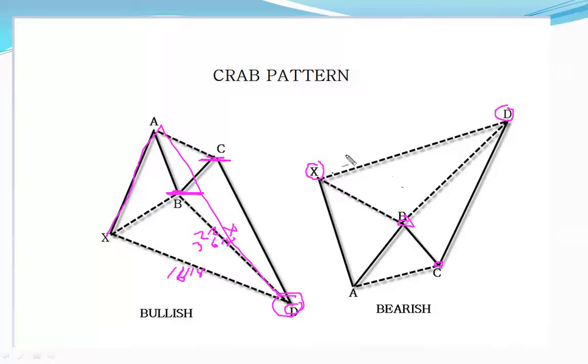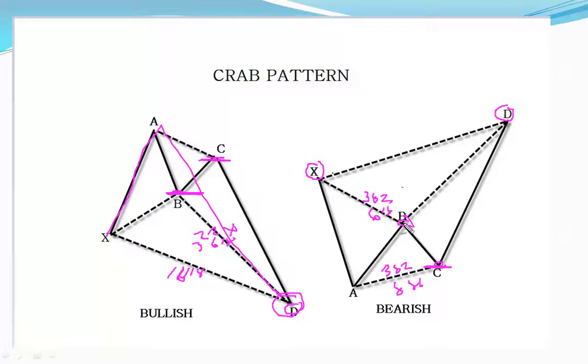Not to get too deep with this one, but I'll just mark out what your levels are. So let's try this again. From X to A, you've got your 382 to 618 retracement. From X down to A up to B, and from A to B down to C, you're looking at a 382 to 886 retracement.